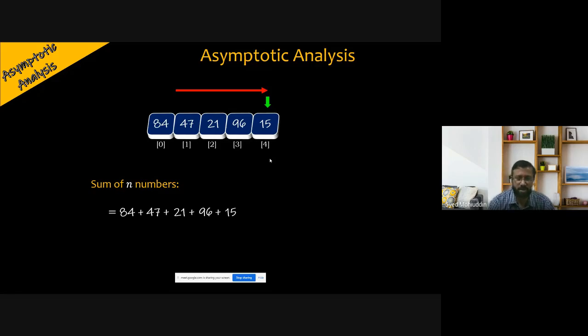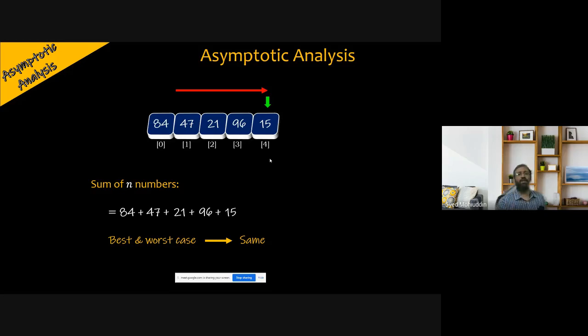So in this scenario, when we sum n numbers, the best and the worst case are the same. For some algorithms or solutions to a problem, the best and worst case may be the same.